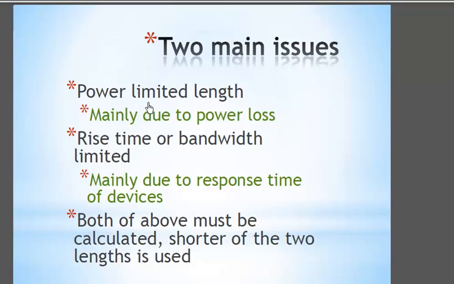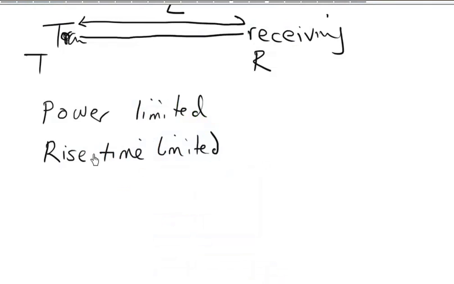Now, this power limited length is due to losses. As we keep going along the length of the fiber optic cable, more losses. We cannot transmit here and expect to receive exactly the same. No. There will be losses, right? We know power losses generally in engineering. There is power loss, even in normal electrical transmission.